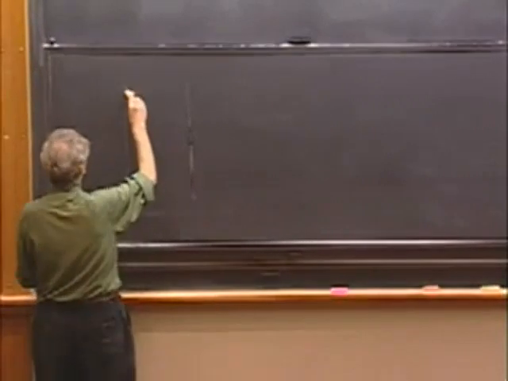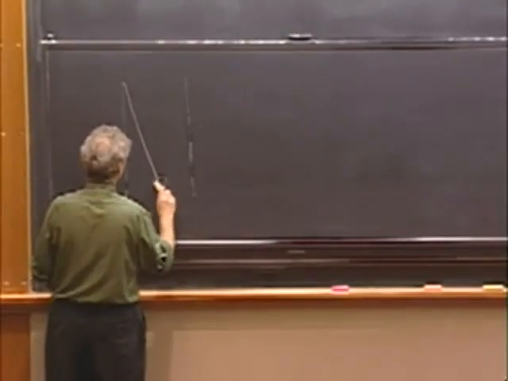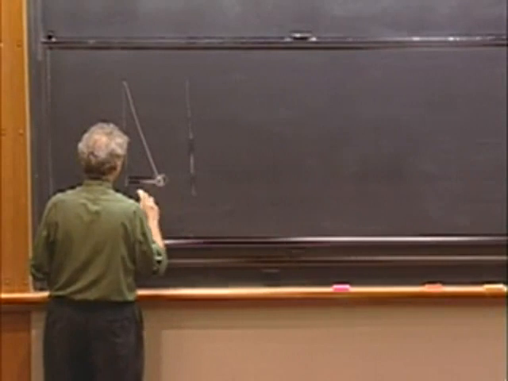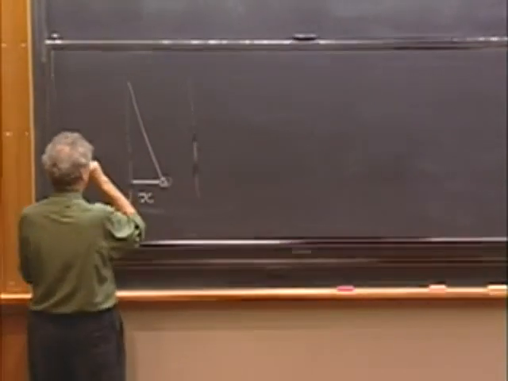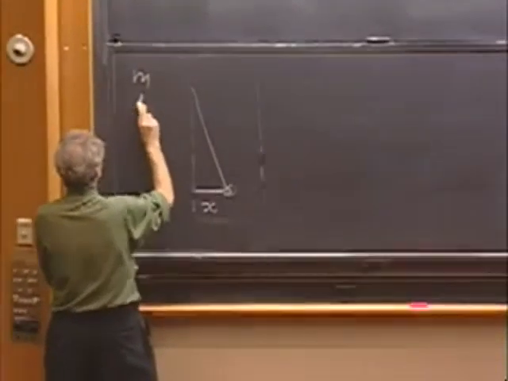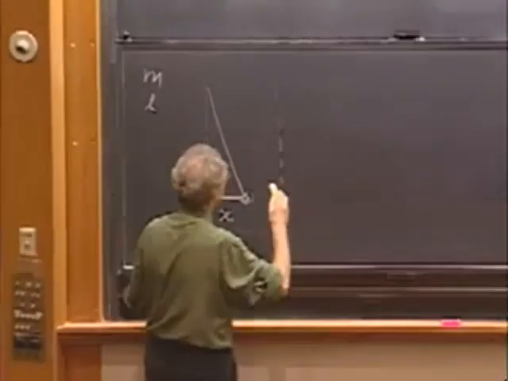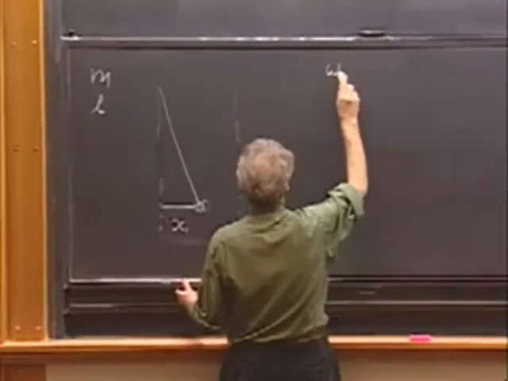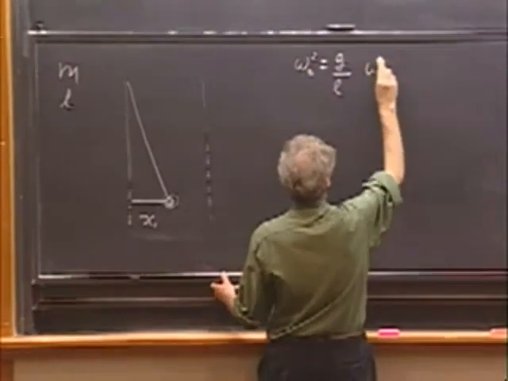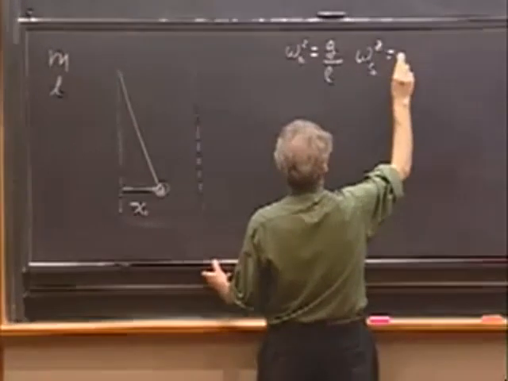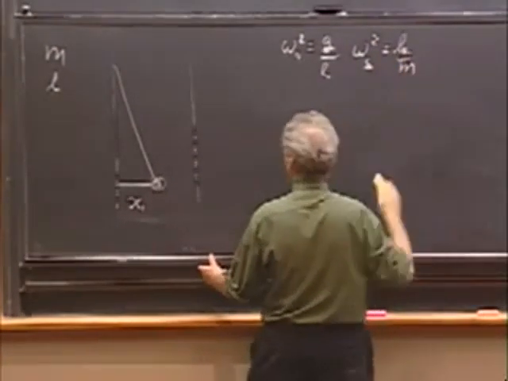Okay, if you're ready, I'm going to offset the first one over a distance x1. So they have mass m, they have length L, to remind you. And we are going to have omega 0 squared equals g over L, and omega s squared equals k over m.